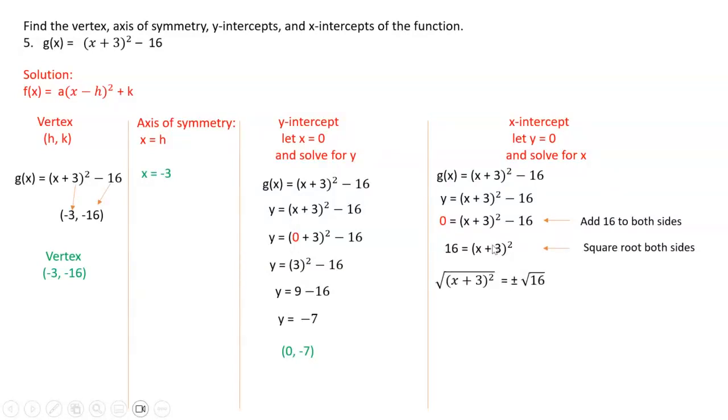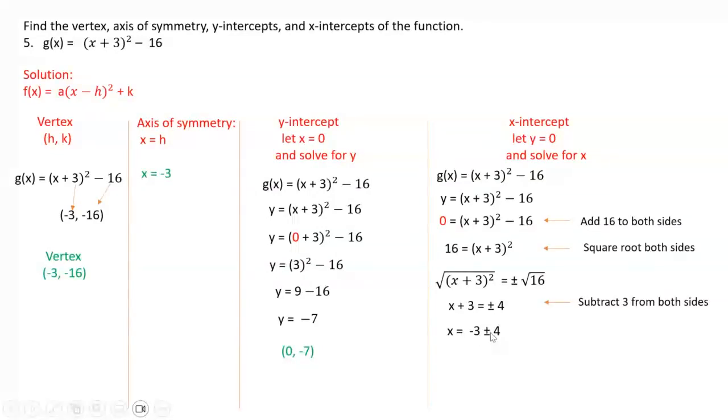I just put the right side on the left, and the left side on the right, because I would like to keep the x's on the left side when I'm solving. So when you take the square root, this will give us plus or minus the square root of 16. The square root and the square on the parentheses will be eliminated. So we have x plus 3 equals plus or minus 4. Now we subtract 3 from both sides.